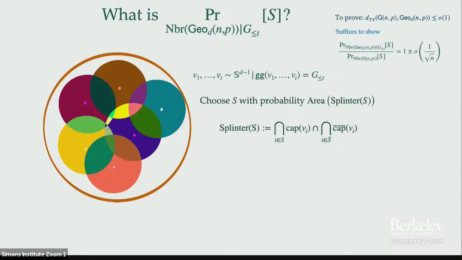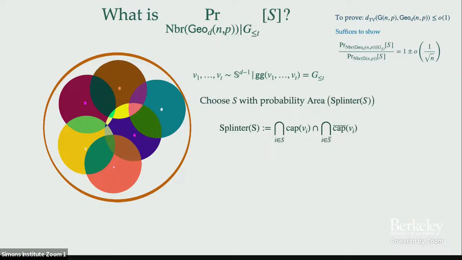Explain a bit more, because this is a pretty important concept we'll be using later. If I land in a different color here, I will have a different set of neighbors. Which set of neighbors I have depends on which sphere caps I'm landing in.